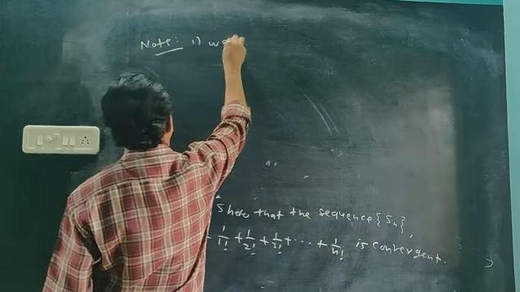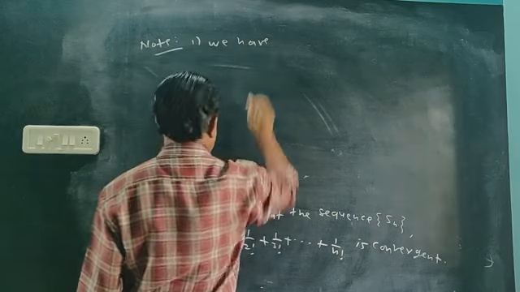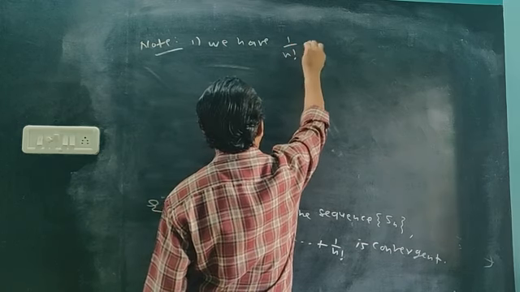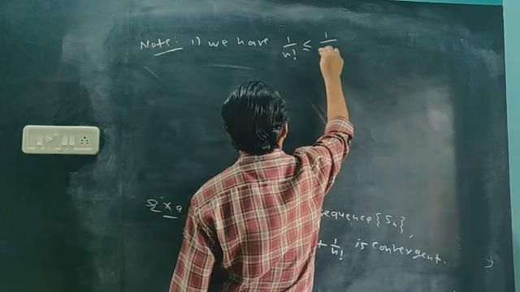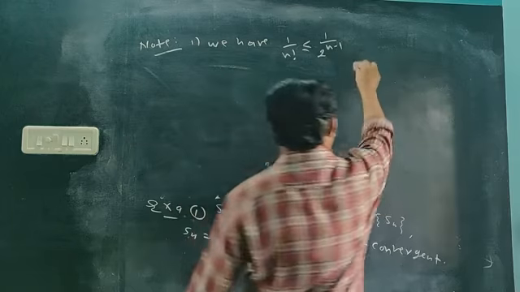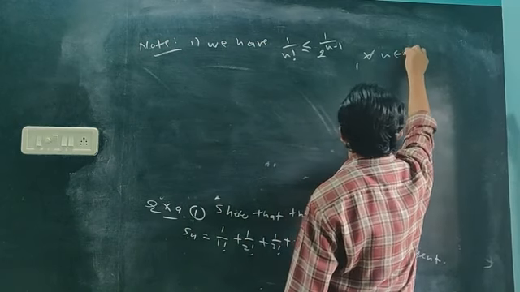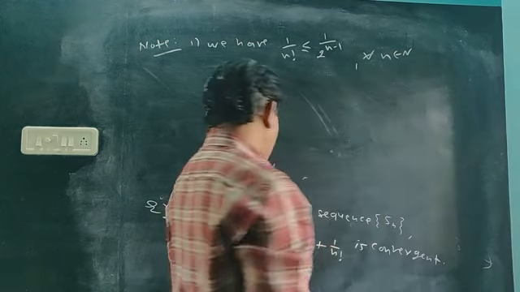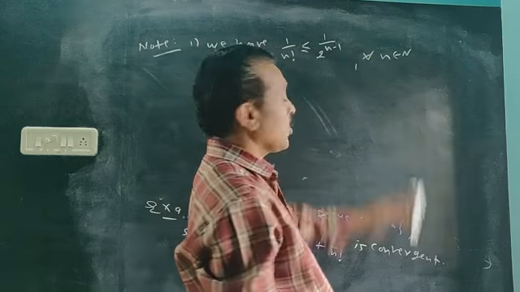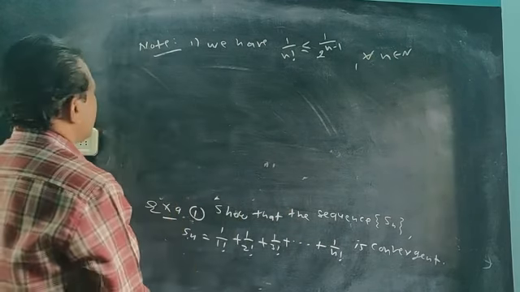First point, we always have 2 raised to n minus 1 below n factorial, so 1 upon n factorial is always less than 1 upon 2 raised to power n minus 1, for all natural numbers.